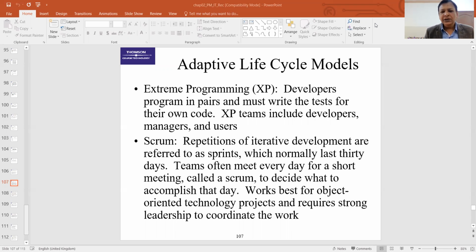So XP is composed of strong engineering practices, and there are several advantages of XP, and it's a very simplified methodology. We have plan, we have design, we have code, we have test. So there is no analysis apparently, on the surface, but actually the analysis phase is divided: some activities we are doing in plan, some activities we are doing in design to speed up the process of development.